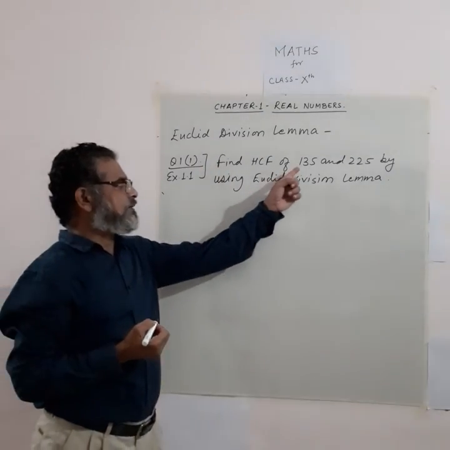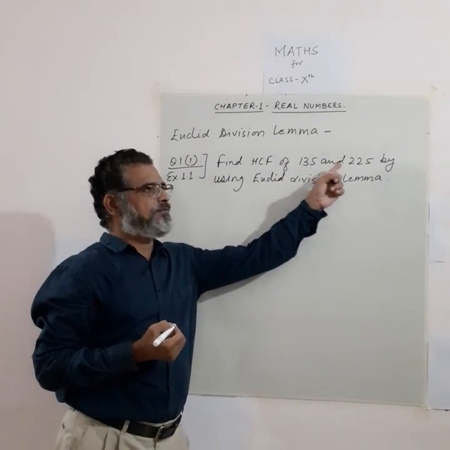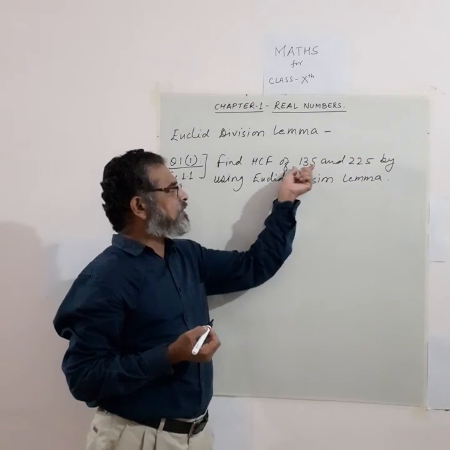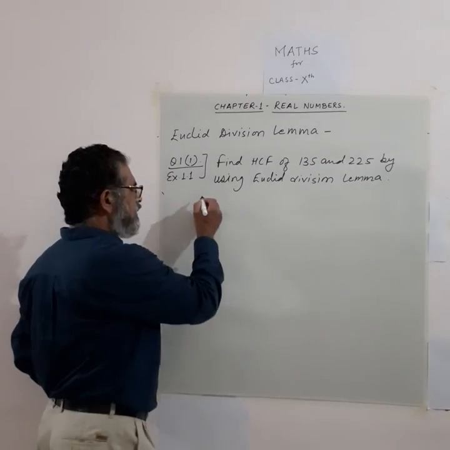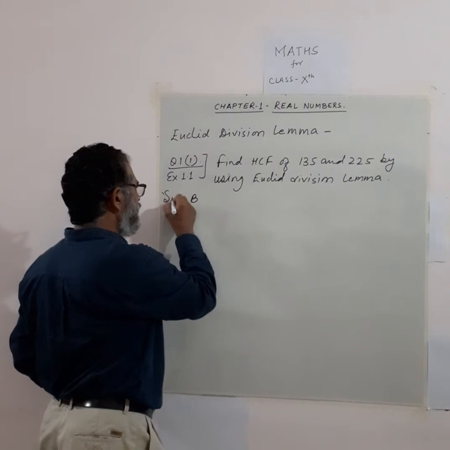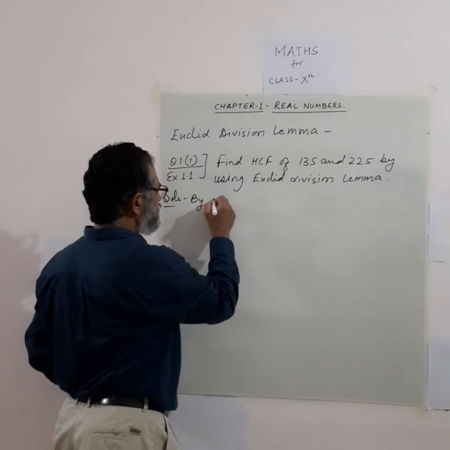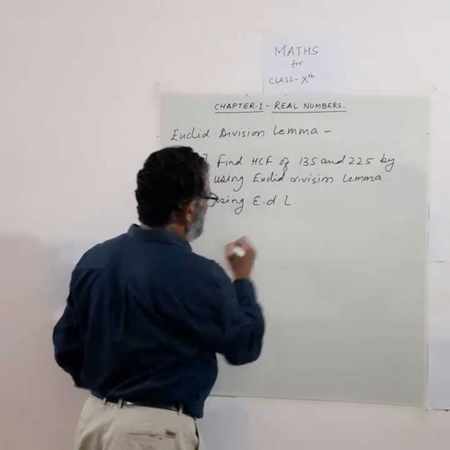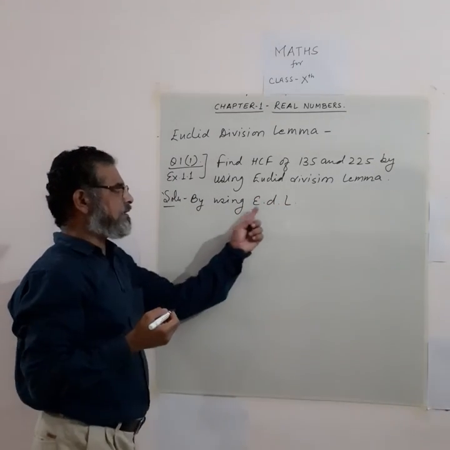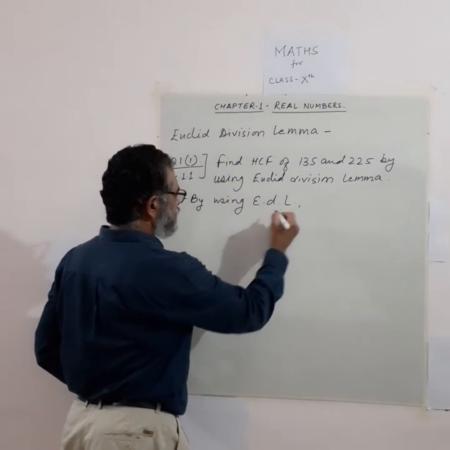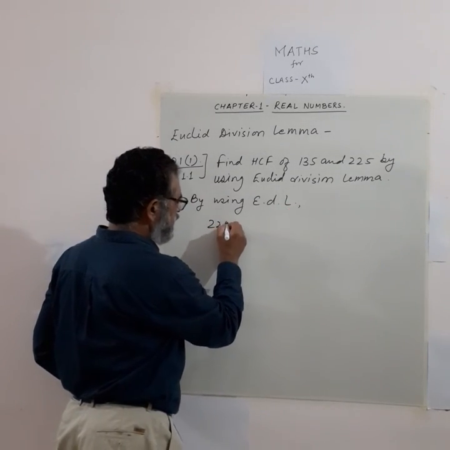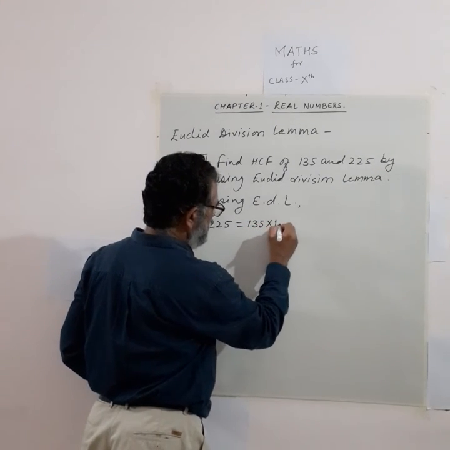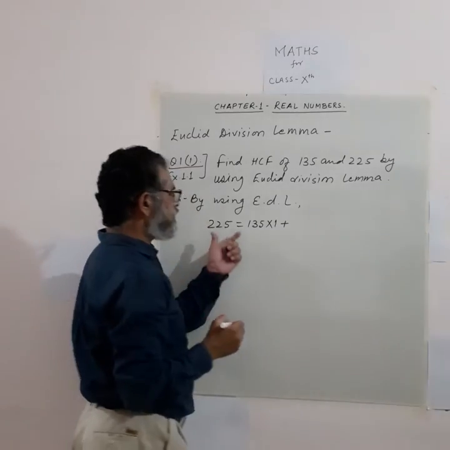So here you can see 135 and 225 are two positive integers. Clearly 225 is greater than 135. So we can write the solution by using Euclid's division lemma, in short EDL. 225 can be written as 135 into 1 plus what will be the remainder?